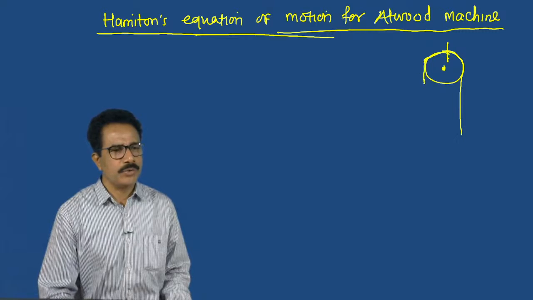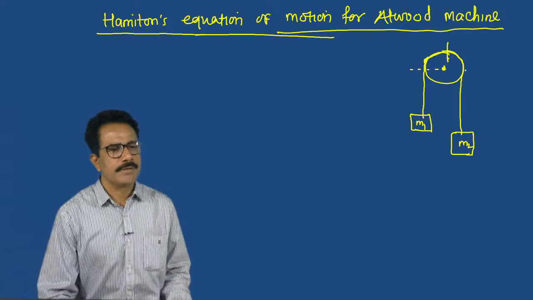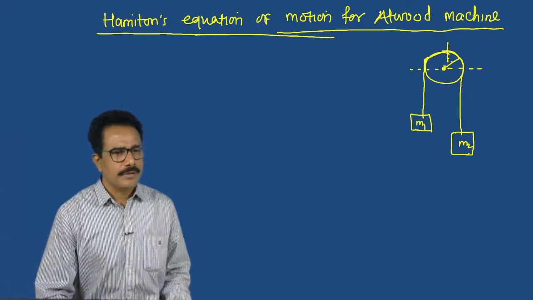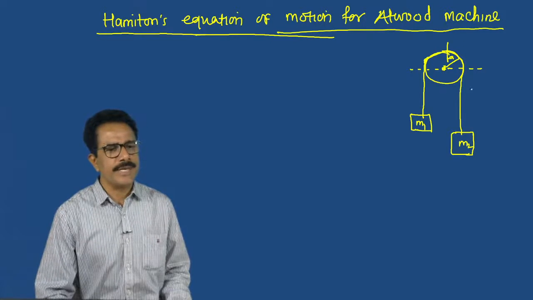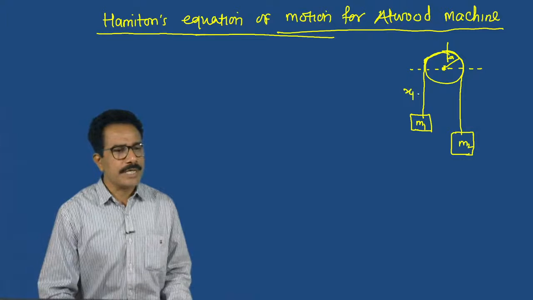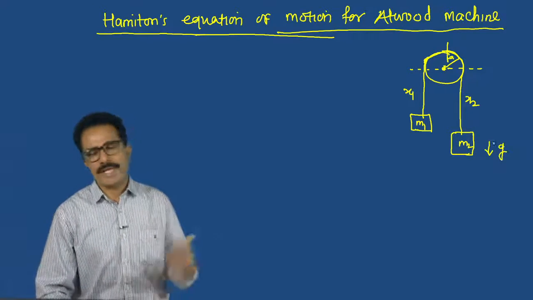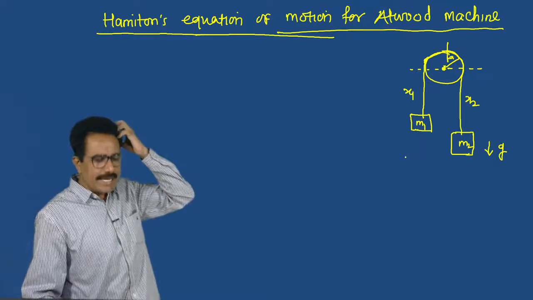This is M1, M2. This is x1, radius is r, or suppose radius is j, length of rope is l. Suppose this is x1, this is x2, you know that. So I shall write directly.